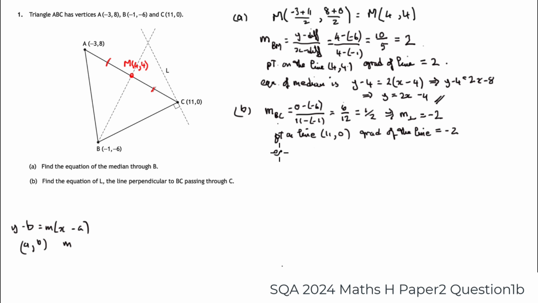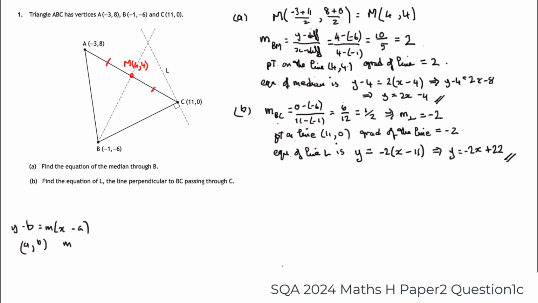So the equation of line L is, and again we've got y minus b, that's y minus 0, equals gradient m, that's -2, times x minus a, that's 11, the x coordinate of the point on the line. And so let's just multiply the second brackets out. We've got y equals -2x plus 22.